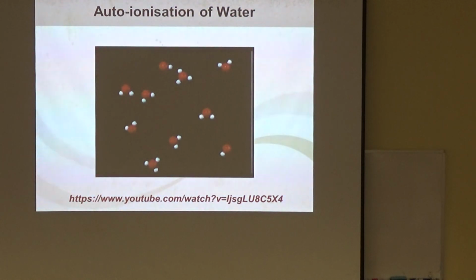At the top, there's an OH. Next to it is an H3O plus. And at the rightmost corner, the one that looks a bit like Mickey Mouse is water itself.